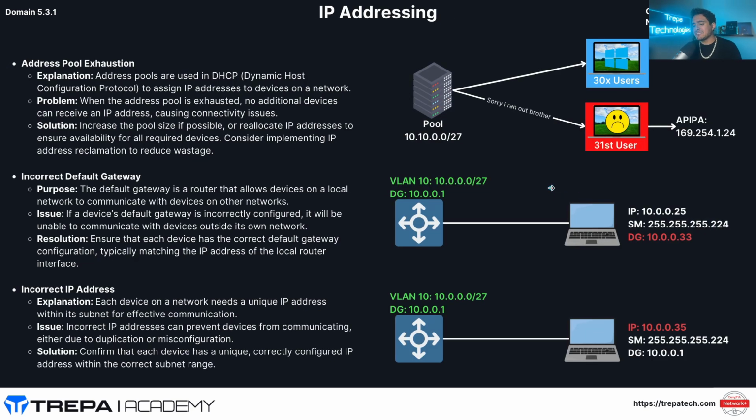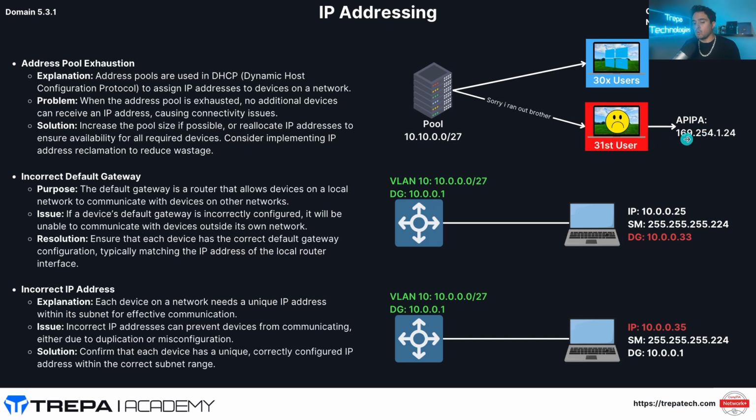Okay, now let's get into some basic IP addressing issues. First, address pool exhaustion. Let's say we have a DHCP server, and that pool is a /27, which means we can only assign 30 usable IPs. And then the 31st user plugs in their computer, and we notice as a network admin that they're getting an APIPA address.